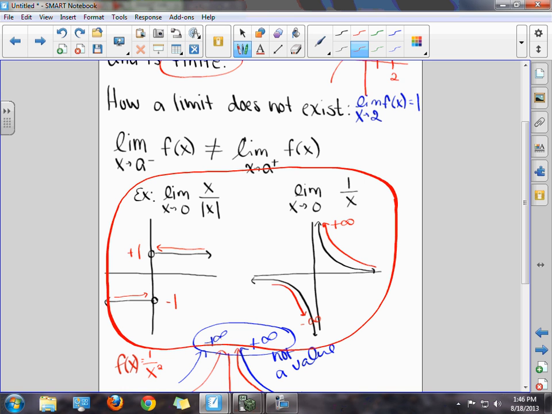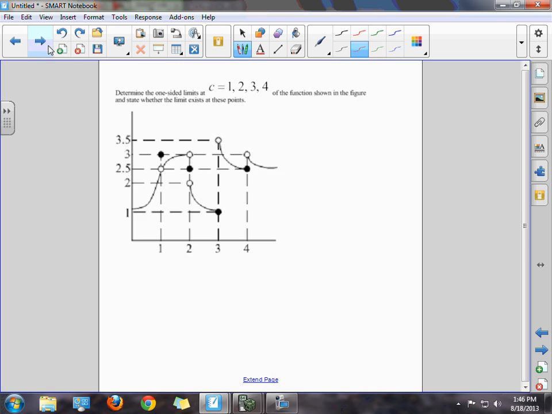Now, estimating limits from a graph is really easy. You just go a little to the left of the point, run your finger along, and see what's happening. So here I have an example. Don't get so confused with all the dashed lines. I'm going to use some colors that will make it a little easier. I want to determine the one-sided limits at 1, 2, 3, and 4. And then I also want to determine whether the limit exists. So I'm just going to make a little table, and I'm going to do it for 1, 2, 3, and 4.